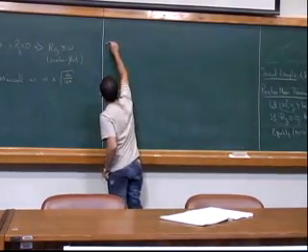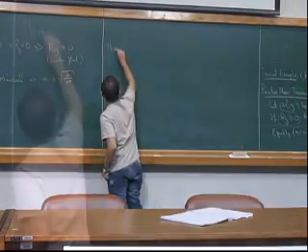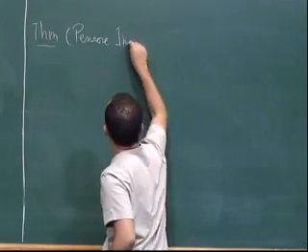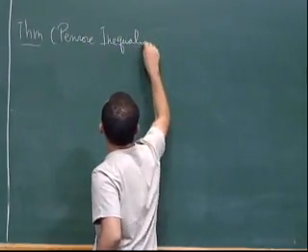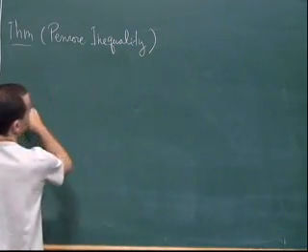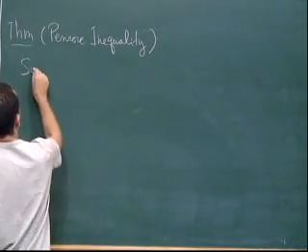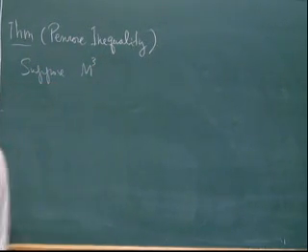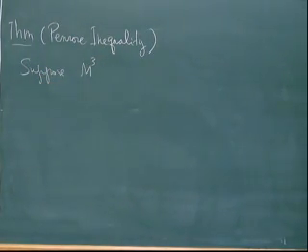So the theorem. The Penrose inequality says the following. Suppose (M^3, g) is complete and asymptotically flat. My model will be the half Schwarzschild.